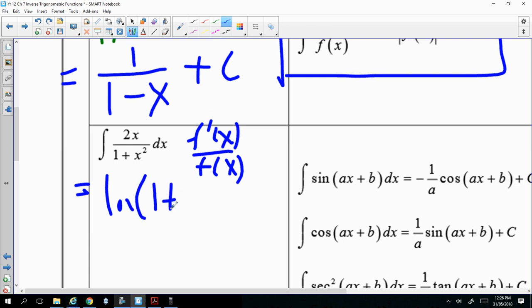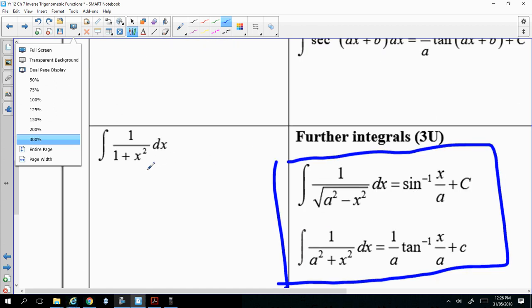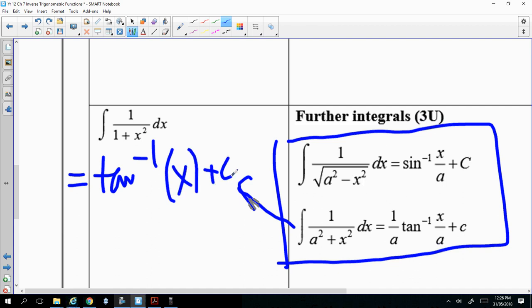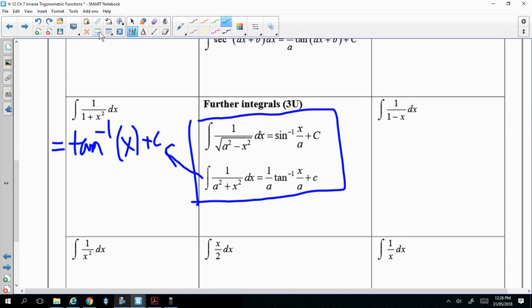How about this one? That will be the tan inverse. Okay, so just a slight change gives you a completely different formula. So note the difference. Okay, so these two are very different. However, if I have a 2 in front, it will still be 2 tan inverse, right?